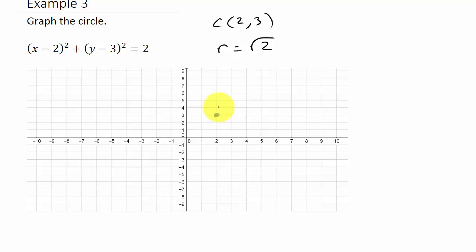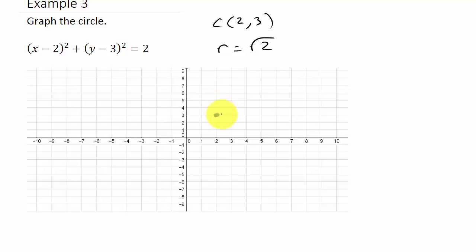This is where a lot of students have a little trouble. The square root of 2 is 1 point something. If your teacher lets you use a calculator, you can punch it in and get an exact answer. The square root of 2 is 1.4142 and some other decimal places. So it's a little over 1, almost 1.5.